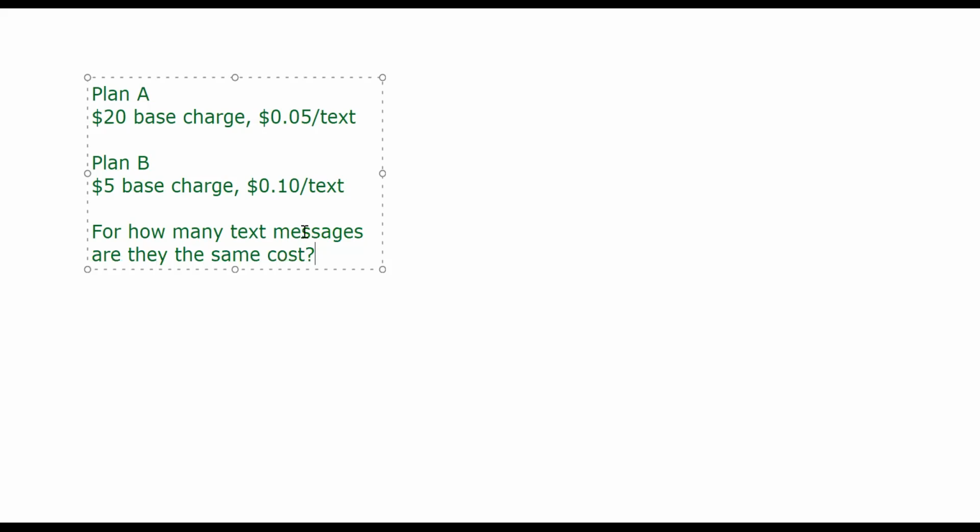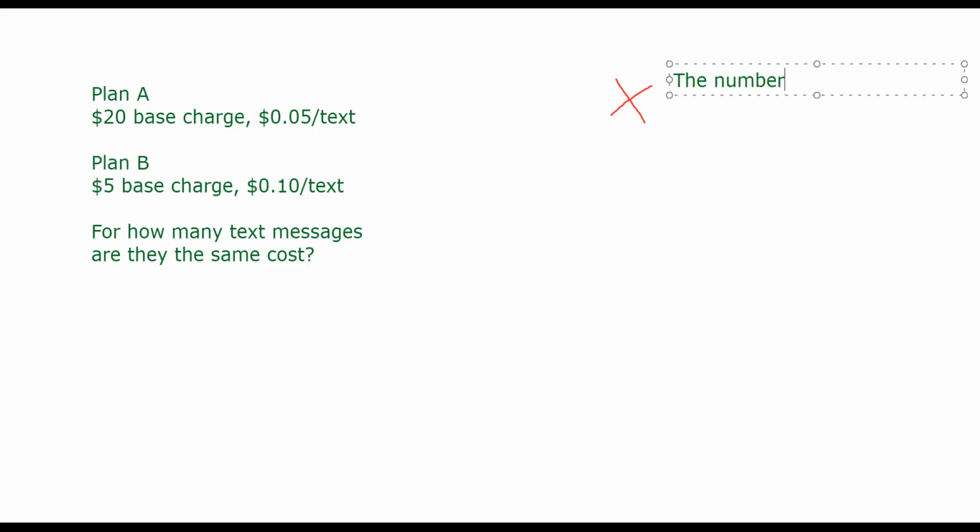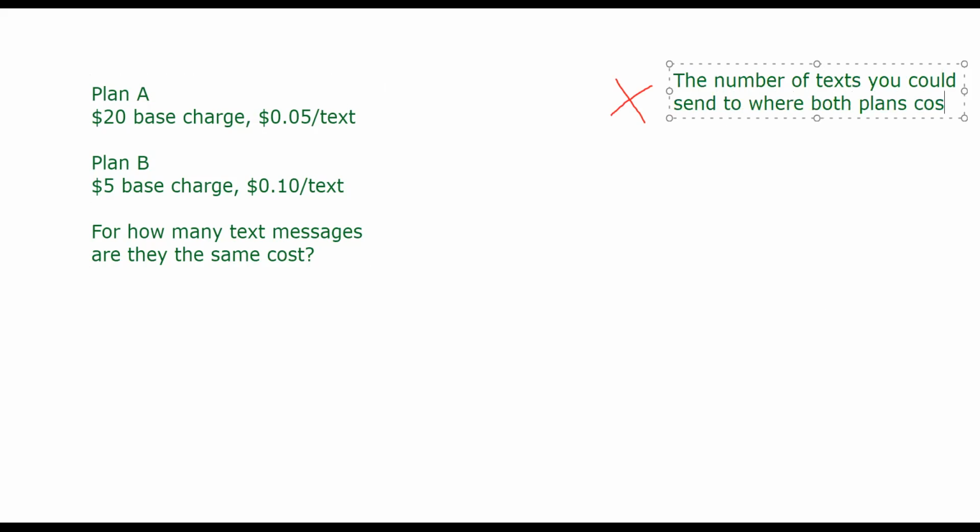Your unknown, the thing you don't know that you're trying to figure out, is how many text messages you could send per month, at which case these would be tied. So that's exactly the motivation why we're going to make X that value. We're going to have the variable X, and we're going to say that X is the number of texts you could send each month, technically, to where both plans cost the same.